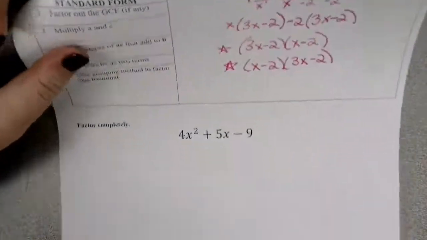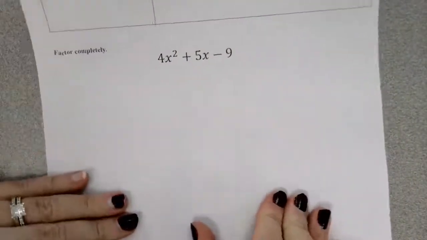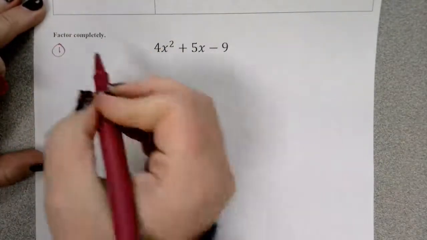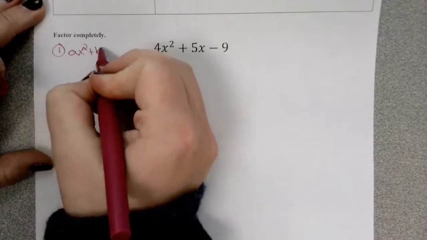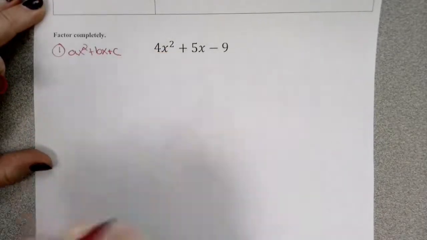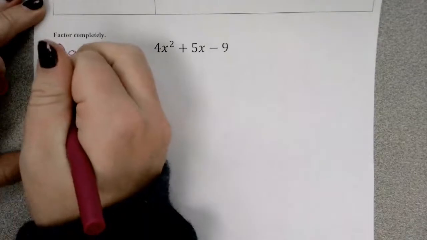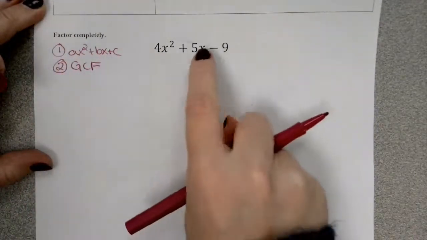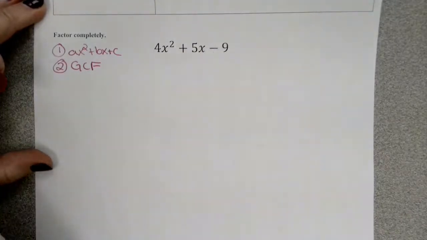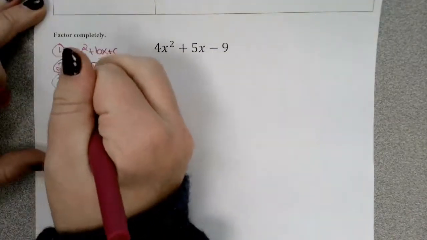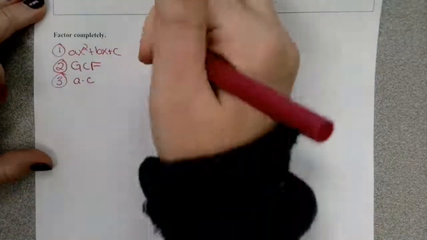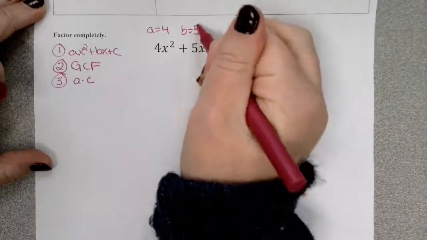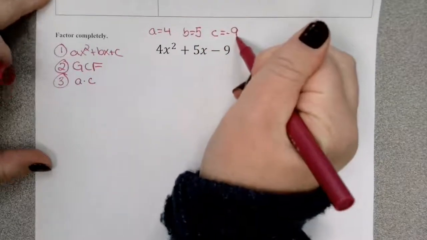Alright, let's try another one together. So our first step is to make sure it's in standard form, which it is. Our next step is to look for a GCF, if there's any greatest common factor, which there is not. Third step is to multiply A times C. So A is 4, B is 5, and C is negative 9.